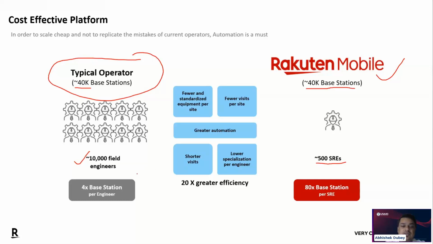Okay, so you can see here they required more number of engineers than ours. This is due to the greater efficiency that we are following, greater automation, fewer footprint on the site, and fewer visits required because we use zero touch provisioning.